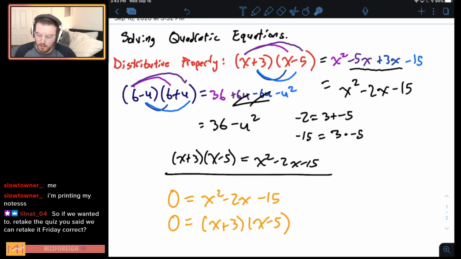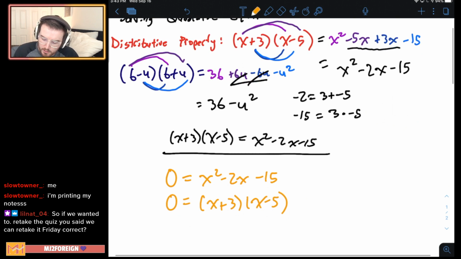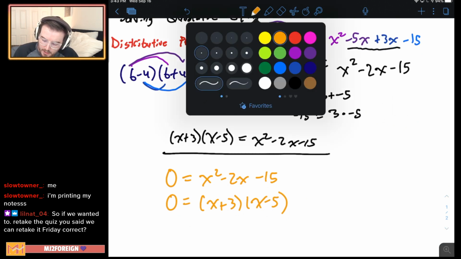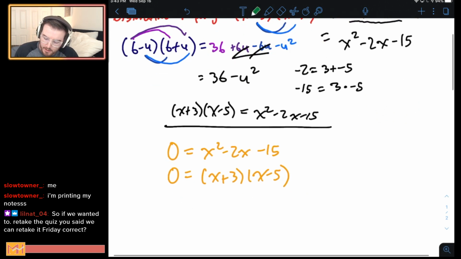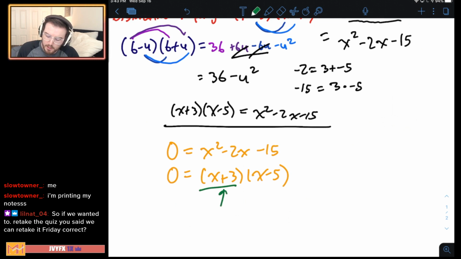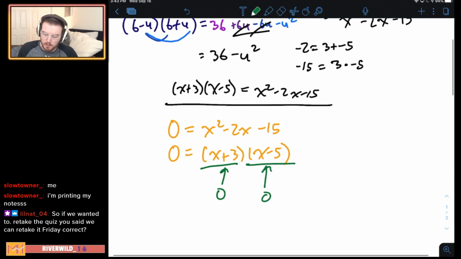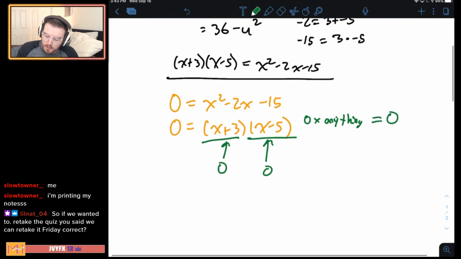We proved it. So if that's true, well then, if I make this factor 0, then I'm making the whole thing equal to 0 because 0 times anything equals 0.